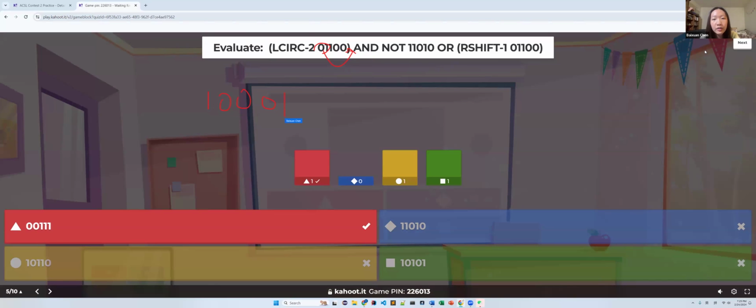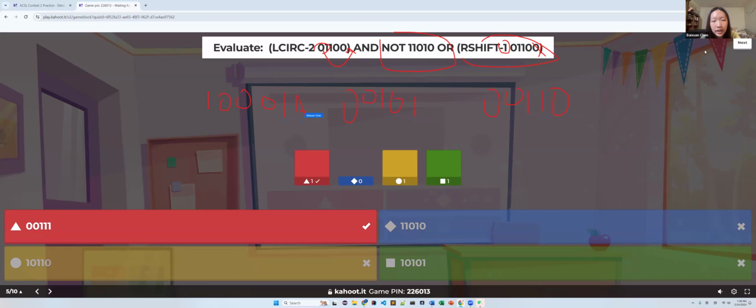And again, we evaluate the shifts and the circles first. So we'll evaluate this before we evaluate anything else, and the not. So then right shift, we take off this one and we add a 0 in the front. So this one turns into 0, 0, 1, 1, 0. And then we evaluate the not, which is just the opposite of what it is. So it'll be 0, 0, 1, 0, 1.